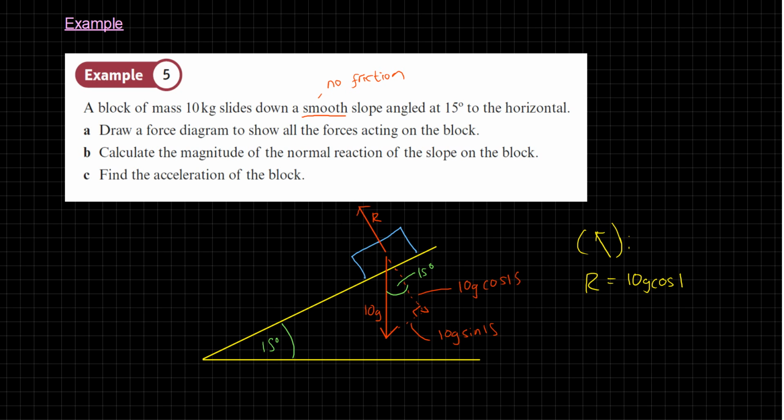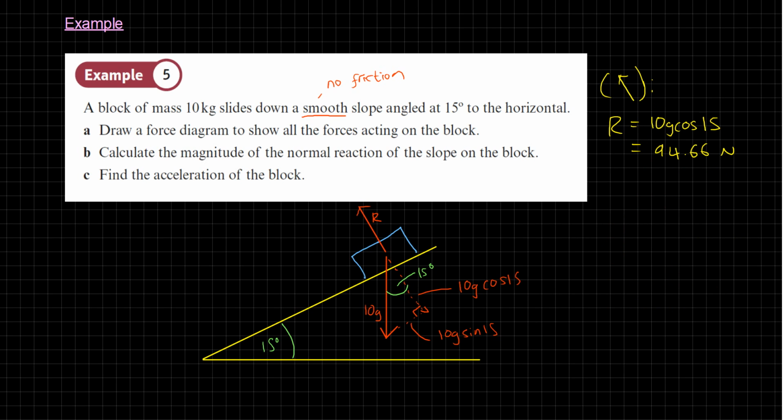So R is equal to 10g cos 15. Really is that simple. Right, so that's the magnitude of the normal reaction. Let's just quickly write that as a decimal. 10g cos 15 is equal to about 94.66 newtons. Okay, that's part B done.